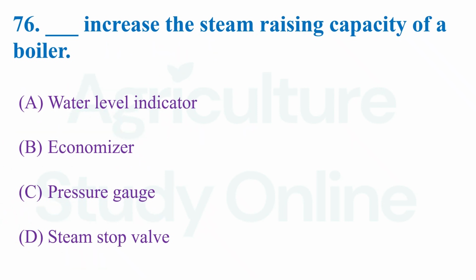Question 76. Dash increases the steam raising capacity of a boiler. First one is water level indicator. So it does not increase the steam production. Next, economizer. So it preheats the feed water using the flue gas. It will improve the boiler's efficiency and increase the steam generation capacity.